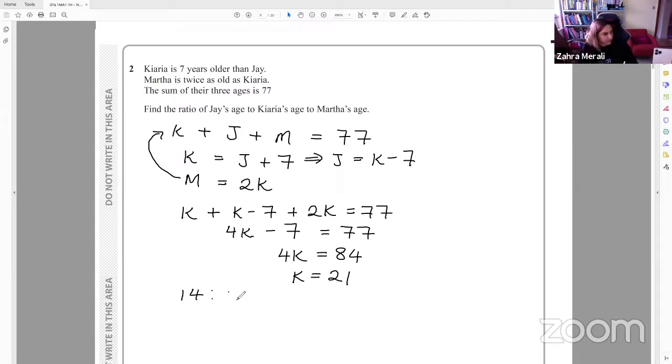We know that Kiara is 21, and we know that Martha's 42. So in simplified form, we can divide those all by 7, and we'll get 2 to 3 to 6. So your final answer is 2 to 3 to 6. Right, let's have a look at the next one.